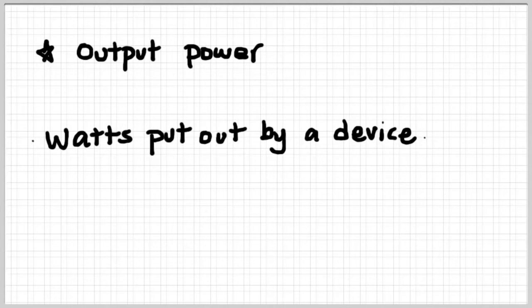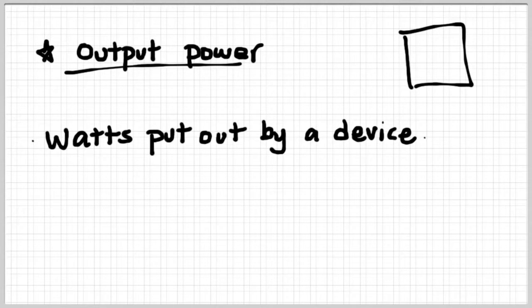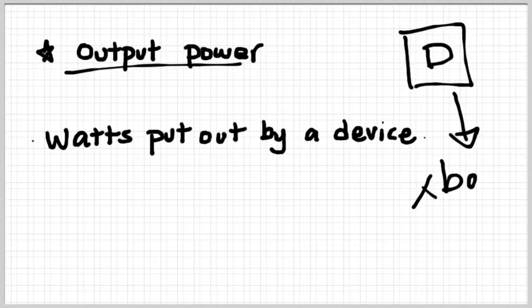The next one is output power. This probably needs a little explanation. Output power. If we have our device, say, I don't know, I like video games. Let's talk about an Xbox. We have a device here.